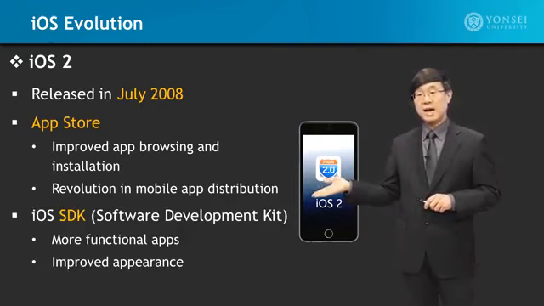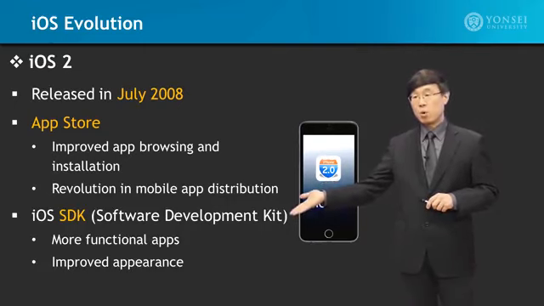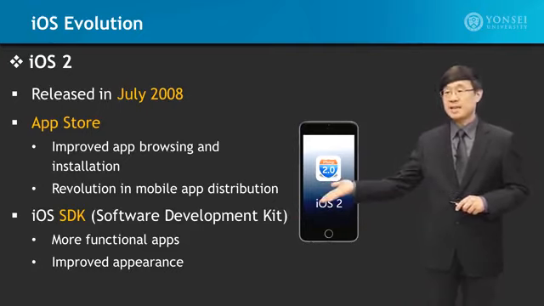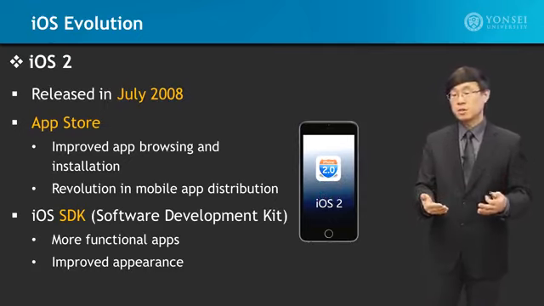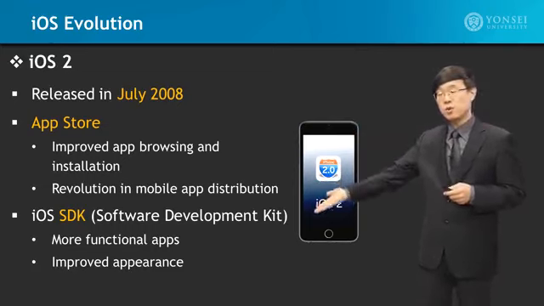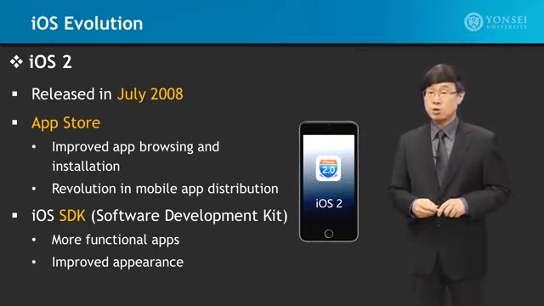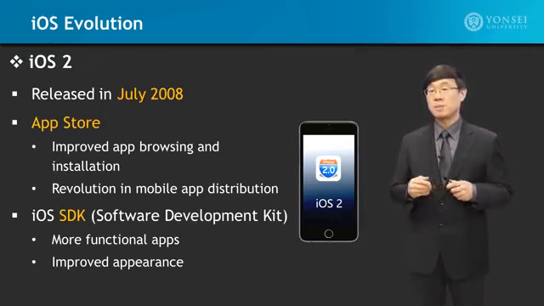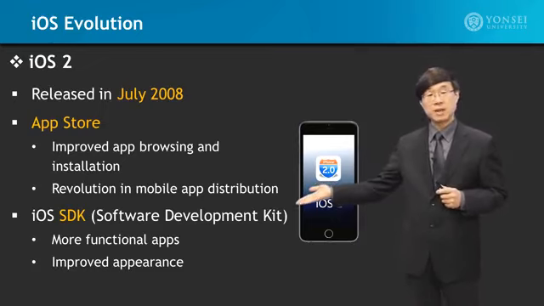In addition, the iOS Software Development Kit was made such that more functional apps could be designed, and improved appearance was enabled. The SDKs enabled developers to develop apps and place them on the App Store. So all of this going together is indeed a true revolution of how mobile applications were becoming available and could be developed.